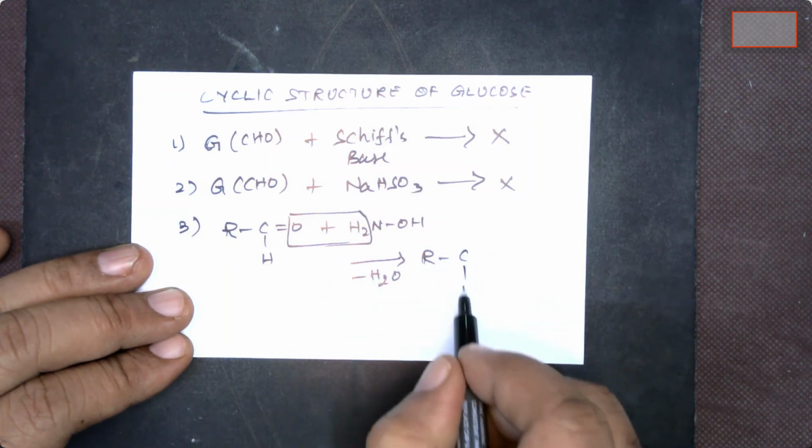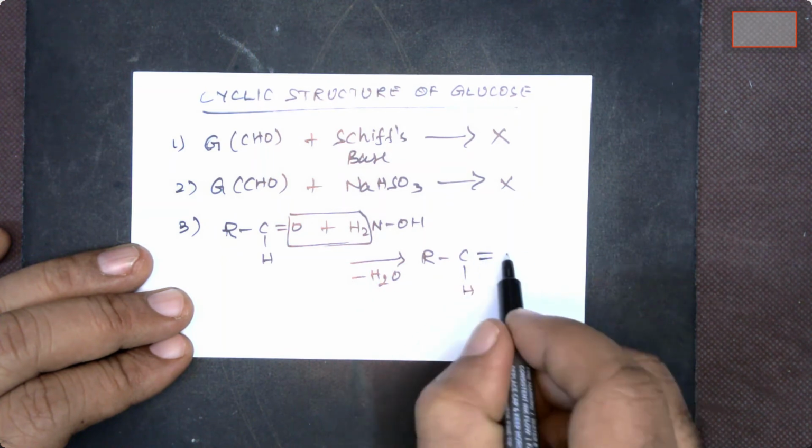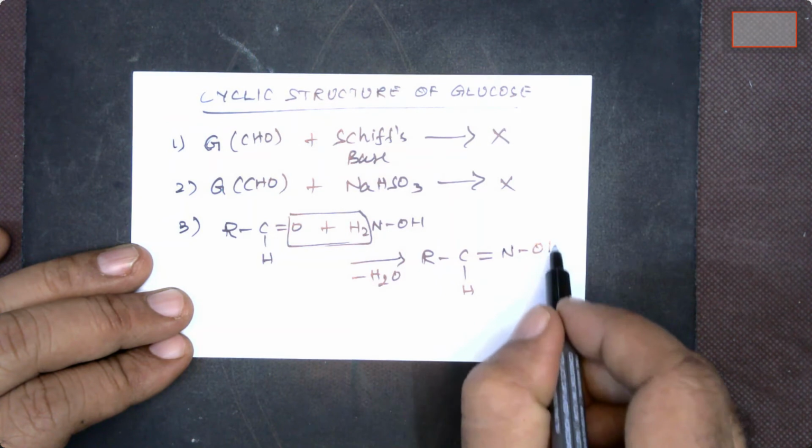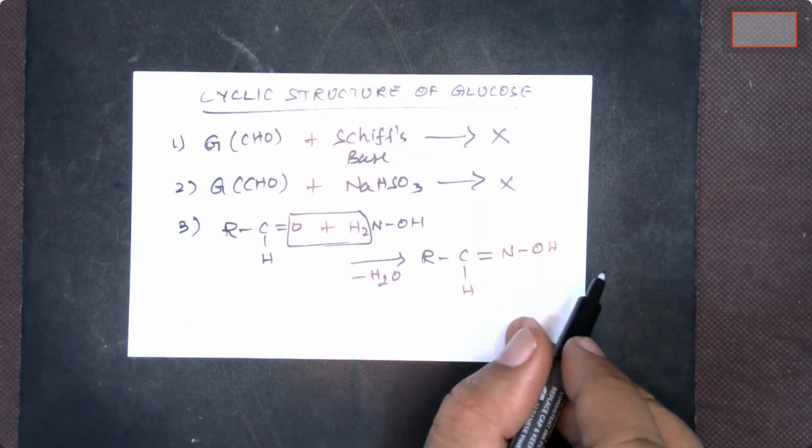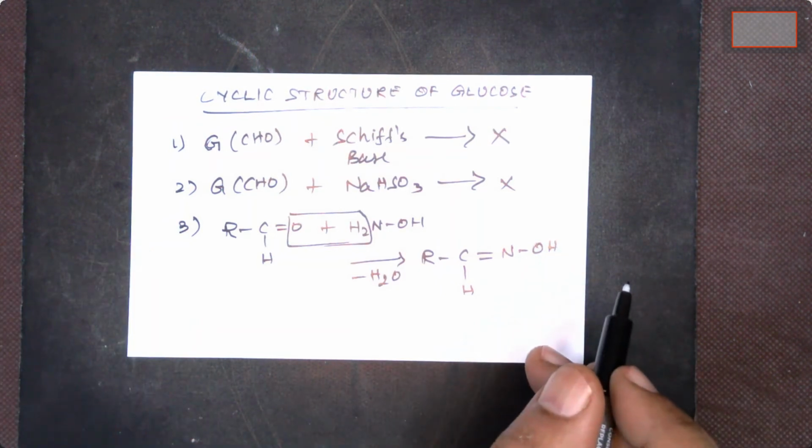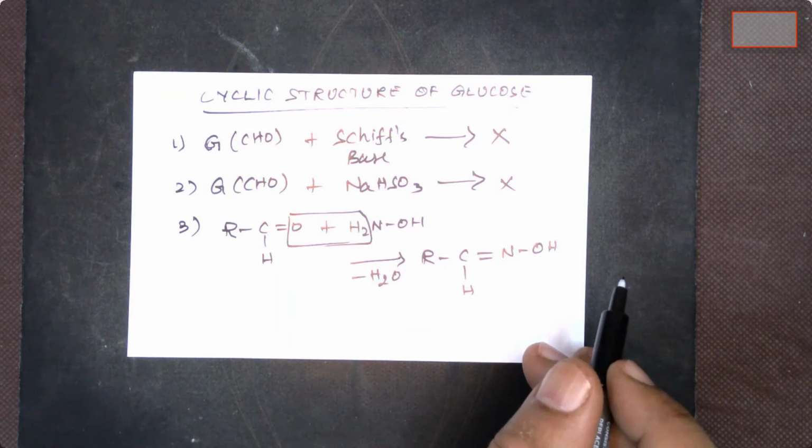So CH double bond NOH. So it means that CHO is not free.